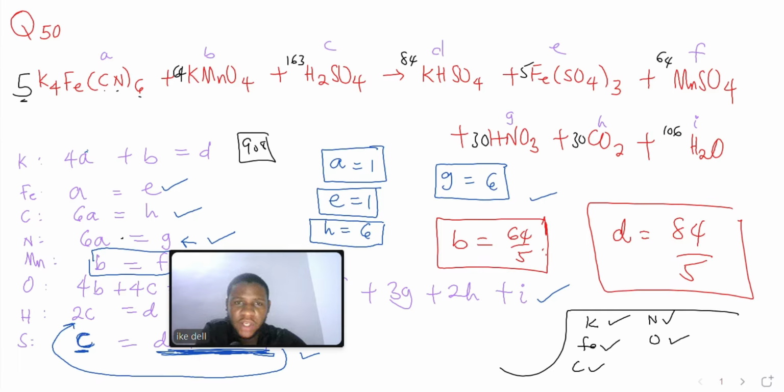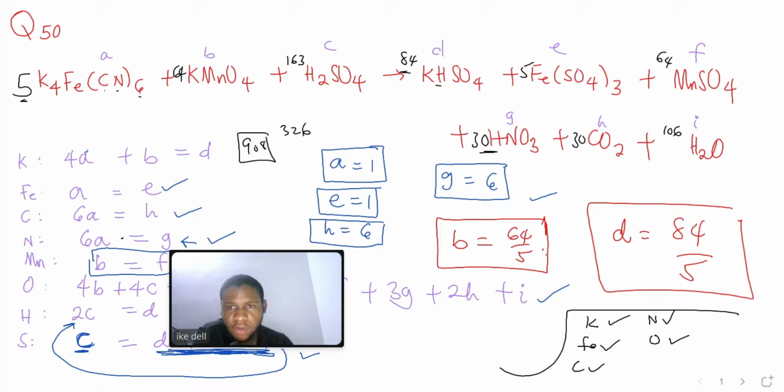Now it's time to check out the hydrogen, and then so forth. So hydrogen time, so we have 163 times 2, which is going to be 326. That's how many atoms of hydrogen we have on the left. Now on the right, I'll just write this one down so I remember. On the right, we have 84 first. That's 84 hydrogen. Then we also have an extra 30.